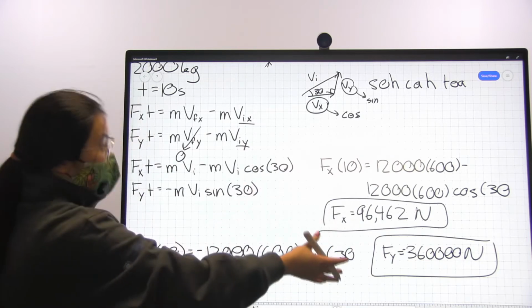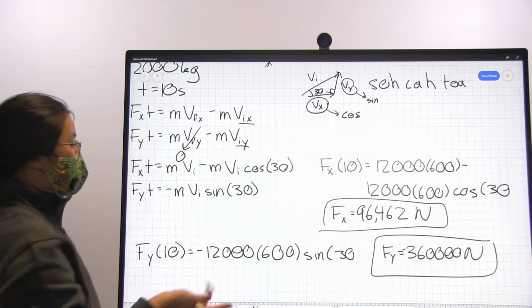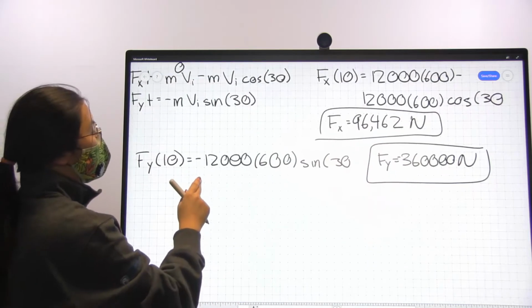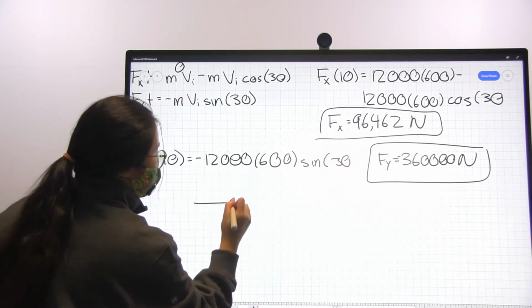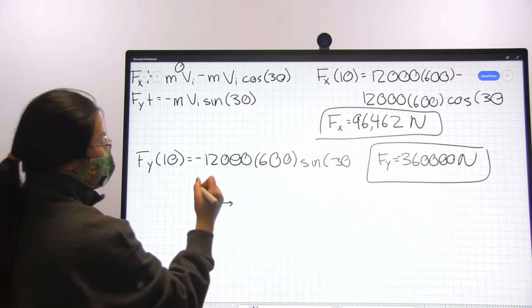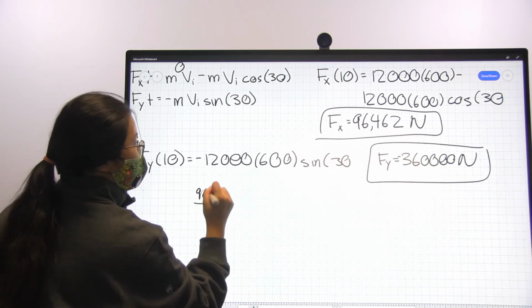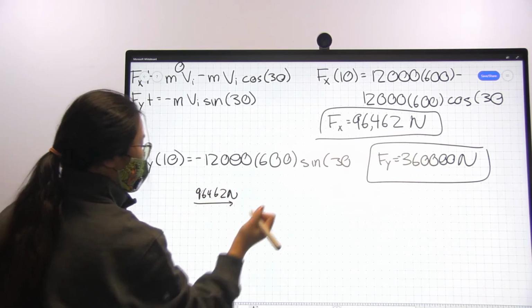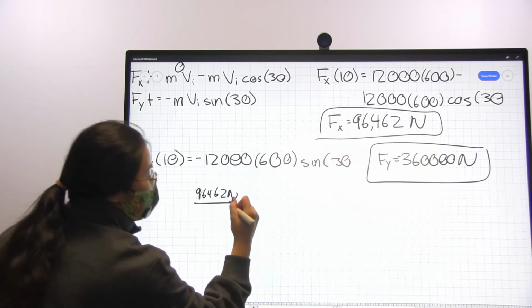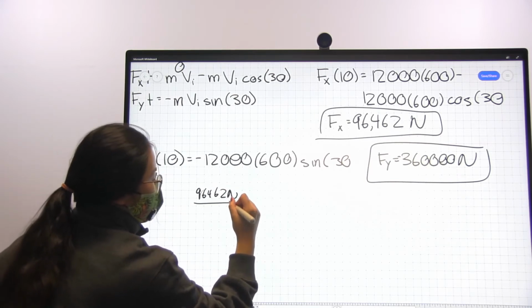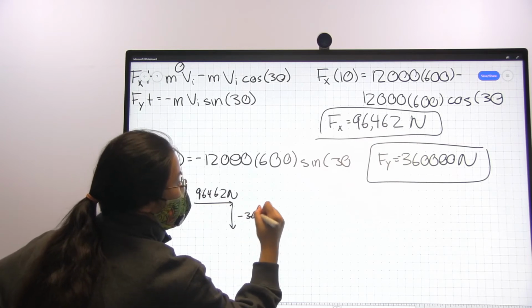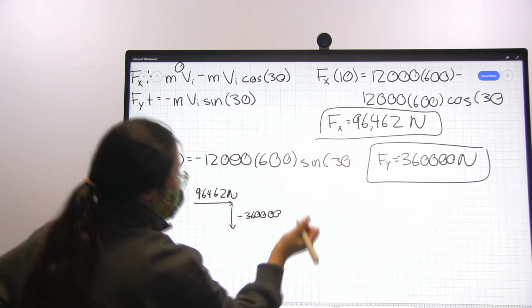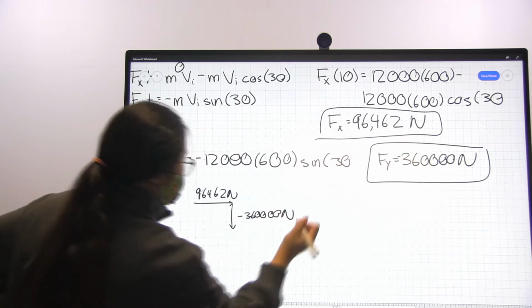Now, this is not what the problem is asking for. They're asking for a total magnitude. So we are going to use a little bit of trigonometry magic. And we're going to say F_x, which is headed in the positive x direction, 96,462, and F_y, which is in the negative y direction, so going down, negative 360,000 newtons.